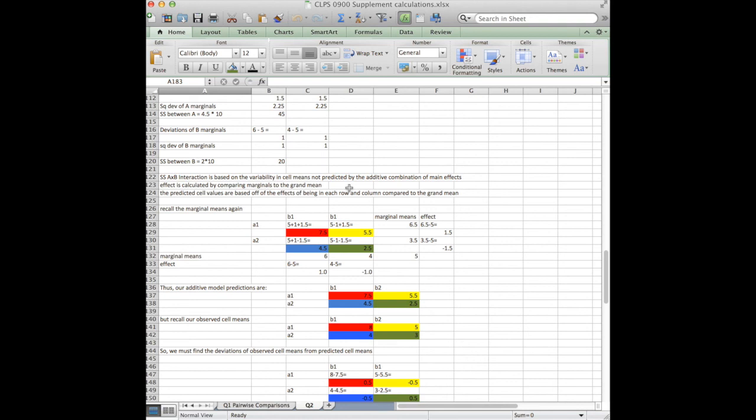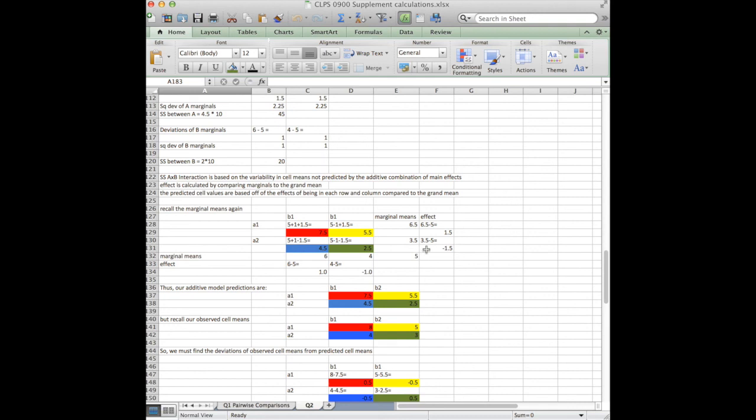So what does that really mean, the additive combination of main effects? So first we would have to calculate the effect, and the effect is calculated by comparing the marginals to the grand mean. And then we would say that the predicted cell values are based off of the effects of being in each row and column compared to the grand mean.